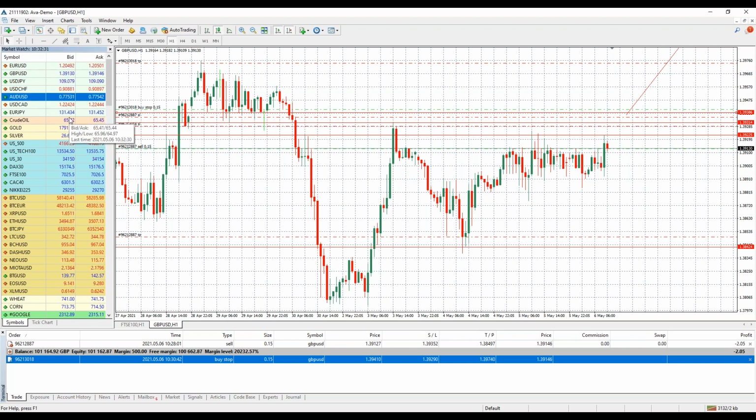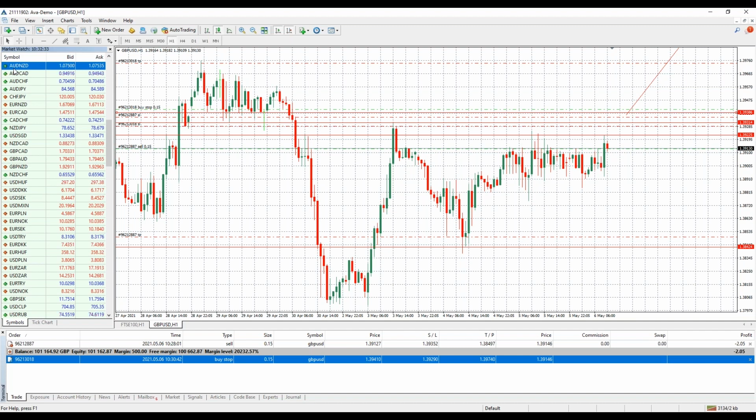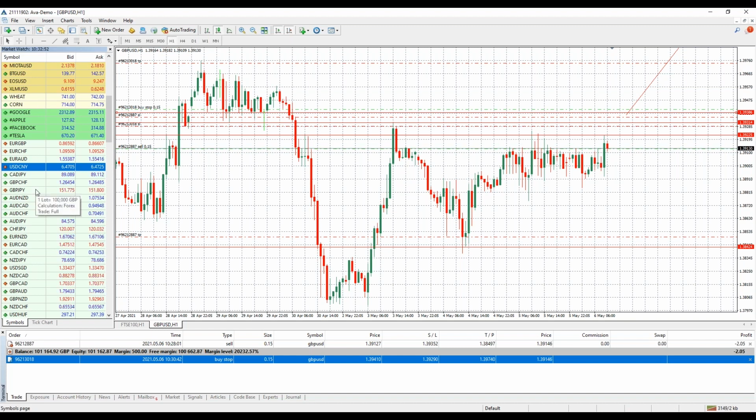If I type the letter A, it took me to the first instrument that starts with A. If I type the letter M, it takes me to the first instrument that starts with M. And if I type like US, it takes me to the first instrument that starts with those first two letters. So that's a shortcut to search here. It's not the best search method, but you can start to type letters. And if you're good at typing 3 or 4 real quick, it'll take you to exactly what you're looking for.